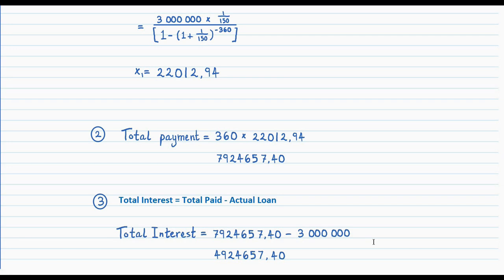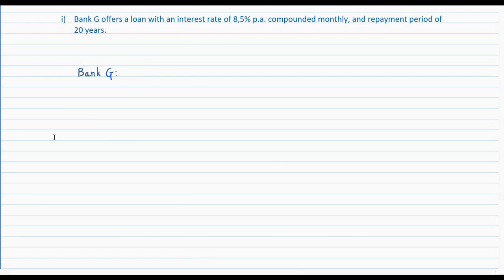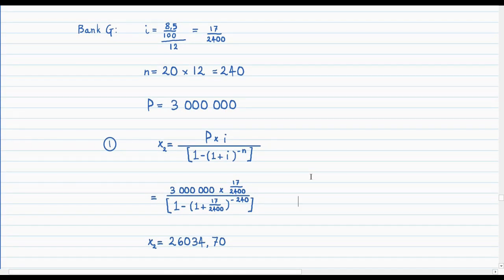Let's look at the next option, which was Bank G. You'd follow the exact same procedure for the other two banks, so there's no point in me explaining the whole process again. I'll just do the full working for all of them and scroll down through the working, highlighting any important values. For Bank G, the monthly payment is 26,034 Rand and 70 cents.